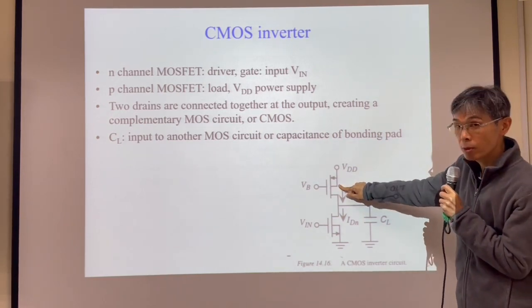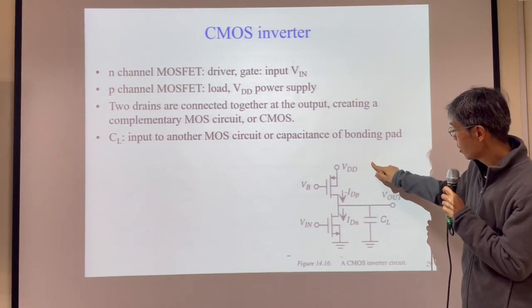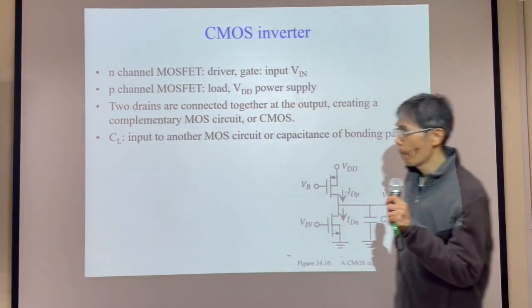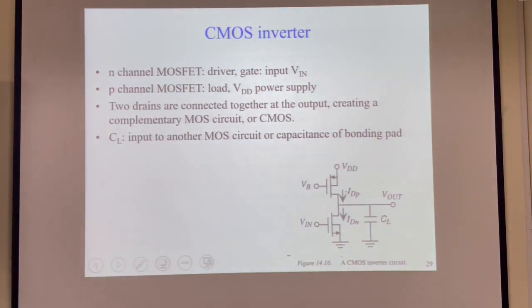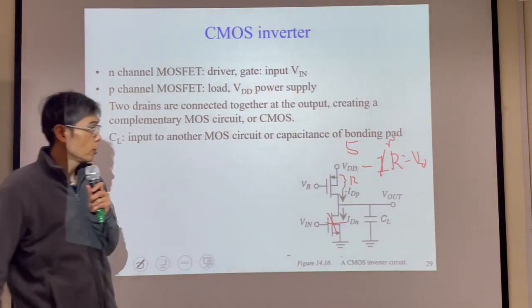So if I equal to 0, VDD equal to V out. So if this one is cut off, I is 0. There's no current, so VDD equal to VO. If VDD is 5 volt, VO equal to 5 volt. So this is this region.